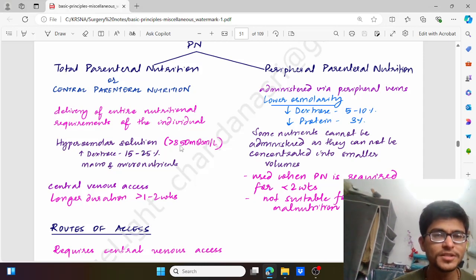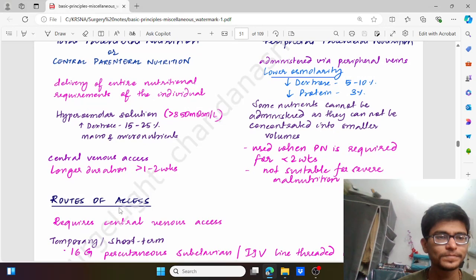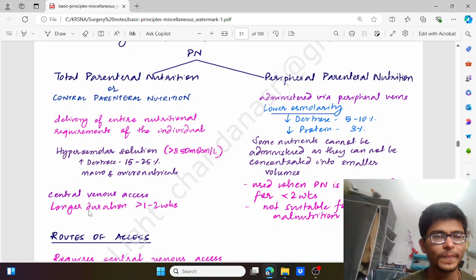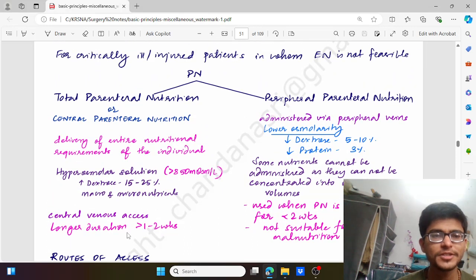Here we use a hyperosmolar solution, which contains around 850 milliosmoles per liter, where there is high dextrose, 15 to 25%, macro and micronutrients, central venous access, long duration, that is 1 to 2 weeks. Generally it is used when we have to give parenteral nutrition for more than 1 to 2 weeks.